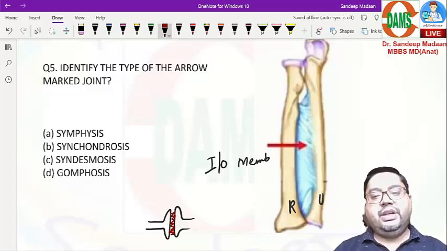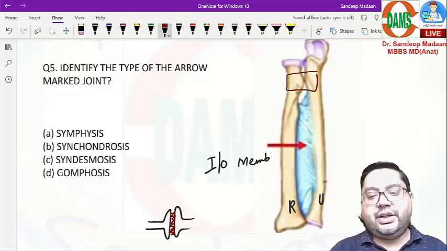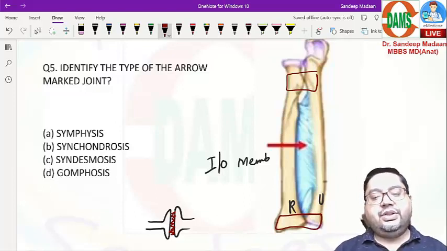Okay, we have the supination and the pronation movement, but those movements will take place at the superior radioulnar joint and inferior radioulnar joint. Middle radioulnar joint is a fibrous joint. Fibrous joint will not allow movement as such, and the fibrous joints are seen in the sutures of the skull.